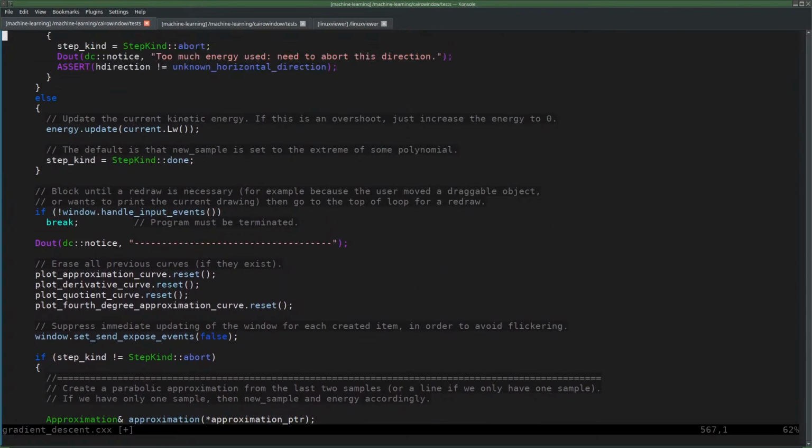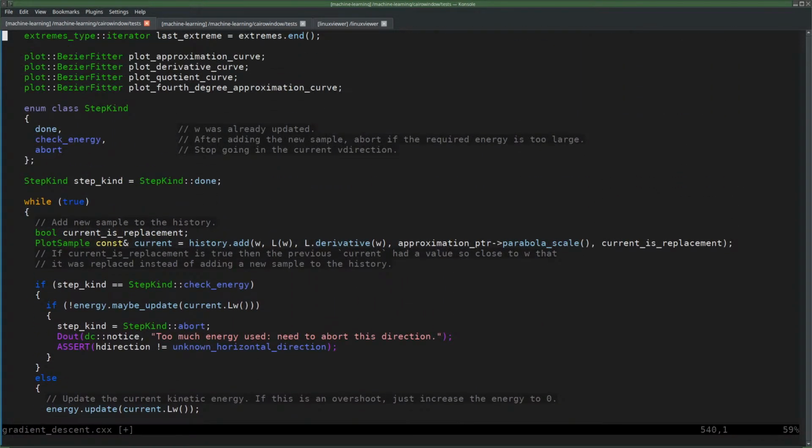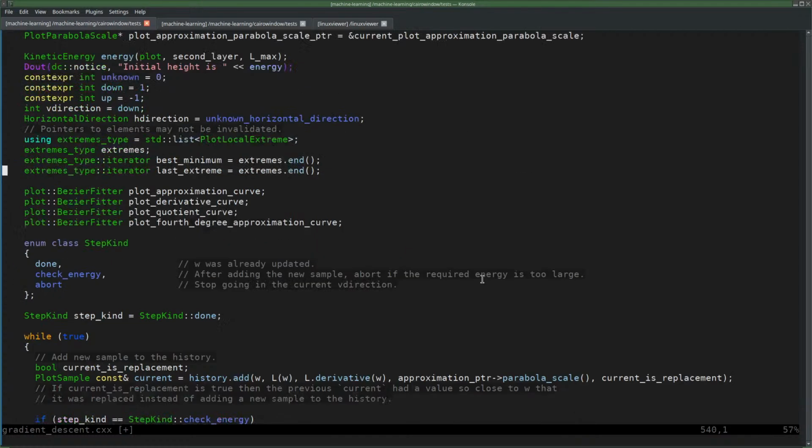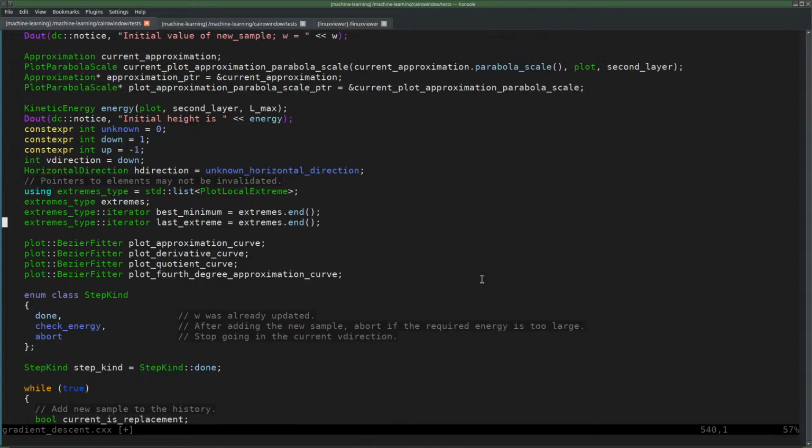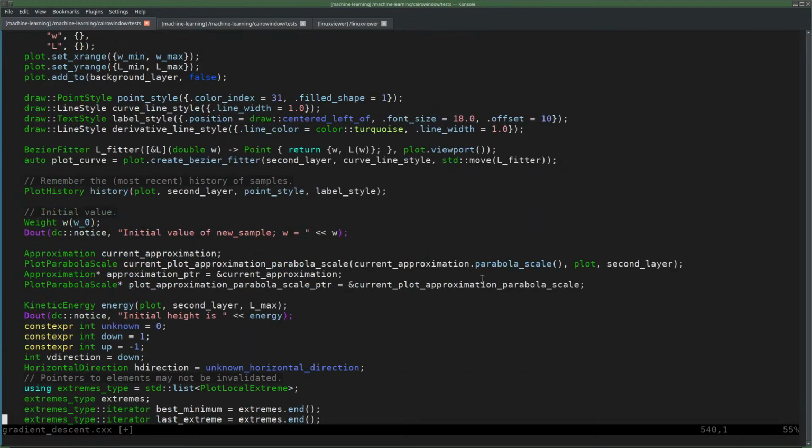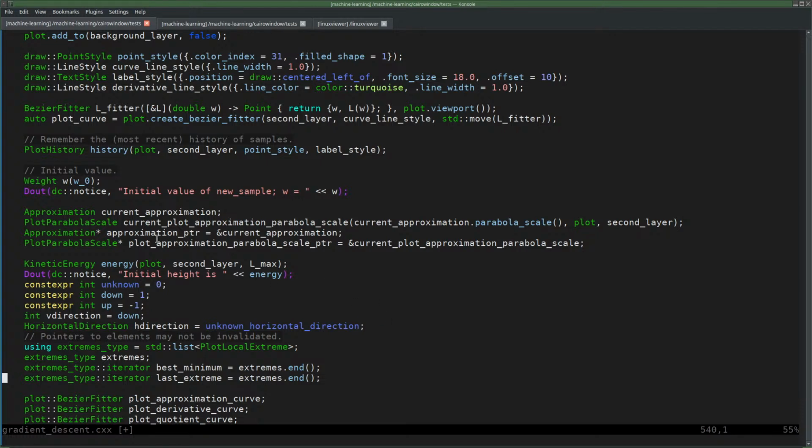And then we're talking about, I think, just an approximation pointer.